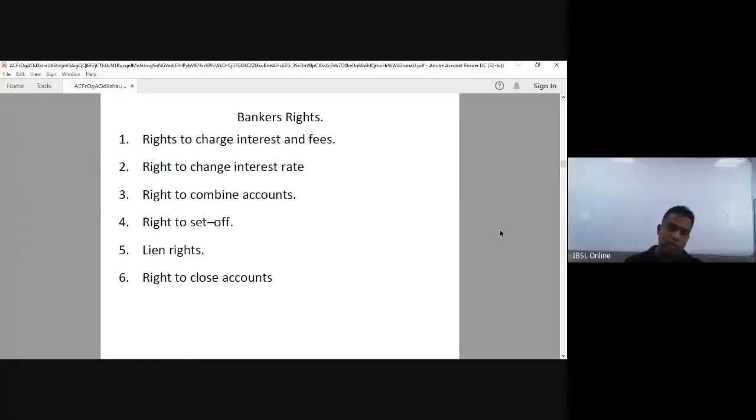We say that today the interest rate for the overdraft facility is 11% per annum. After 2 months, depending on the market condition, the lending rate has gone up. We say now it is 14%. The question is whether the bank can change the interest rate or charge a higher rate.